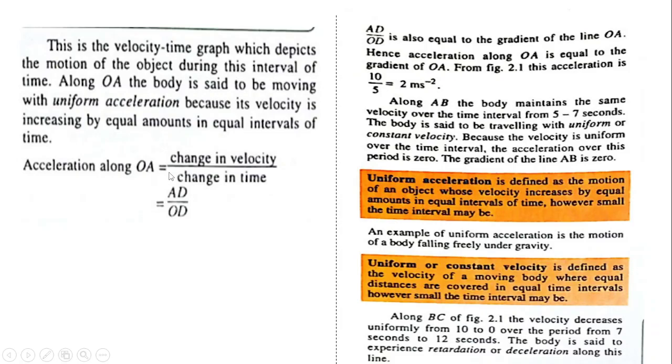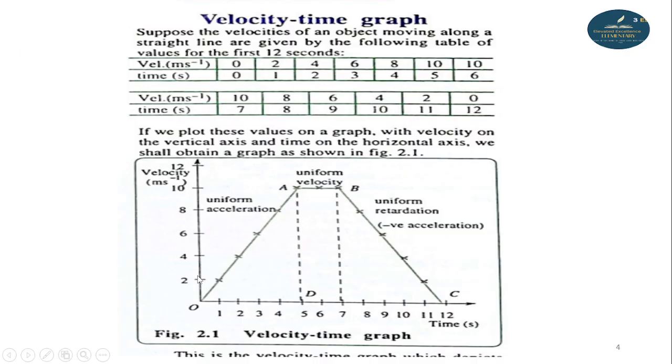So from here to here, the change in velocity is 10 minus 0, over the change in time, which is 5 minus 0.